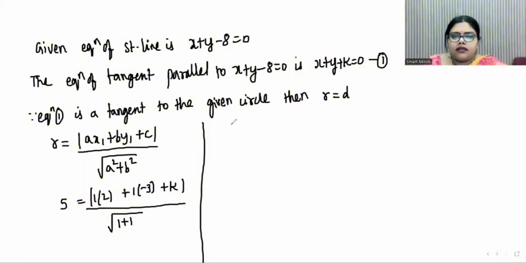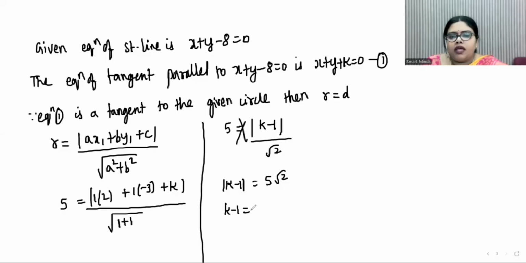So that is 5 is equal to 2 minus 3 is minus 1. So k minus 1 by root 2. So if you cross multiply you will get mod k minus 1 is equal to 5 root 2. To remove the modulus, we have to take plus or minus on the other side.